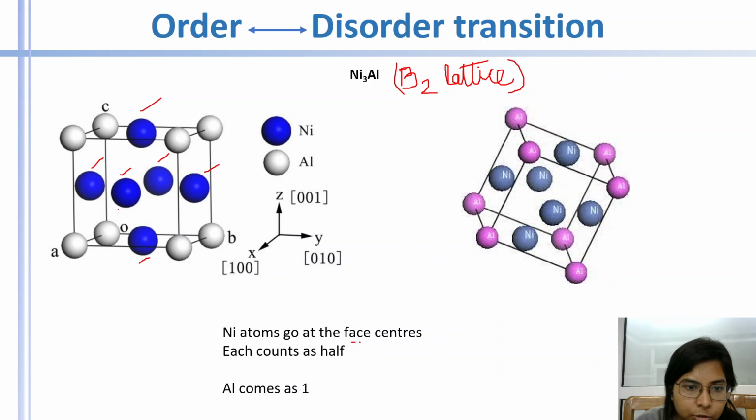So the Ni atoms go at the face centers, and each atom counts as half. So we have 6 into 1/2, which is equal to 3. Where is the aluminum atom?